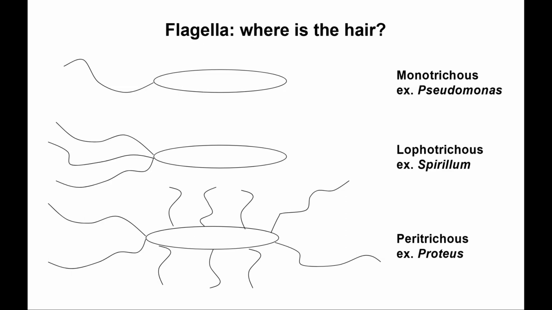If you've got one flagellum on one tip of the bacterium, that's monotrichous. If you've got a few, but they're all attached at the same end of the cell, that's lophotrichous. And if they're all the way around the bacterium, that's peritrichous. Don't think you really need to remember one example per bacterium. It's not a big deal.